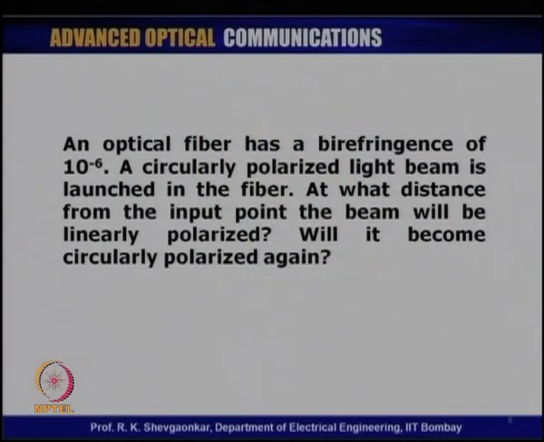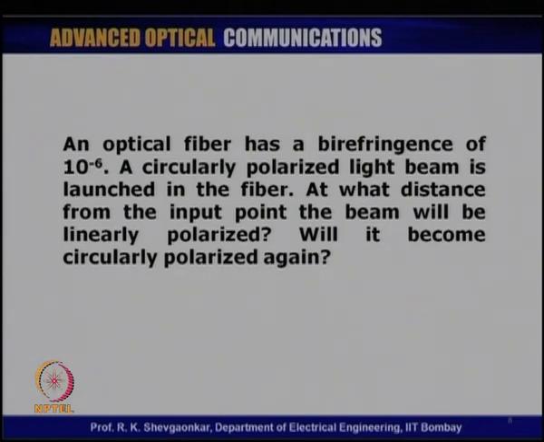So, this problem essentially is related to the fact that an optical fiber has a birefringence of 10 to the power minus 6. Now, what is the birefringence? Birefringence is the change in the refractive index for the two orthogonally polarized modes on an optical fiber. So, that change in refractive index is 10 to the power minus 6.